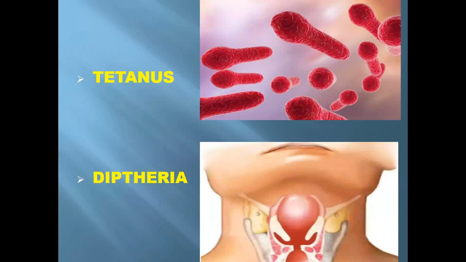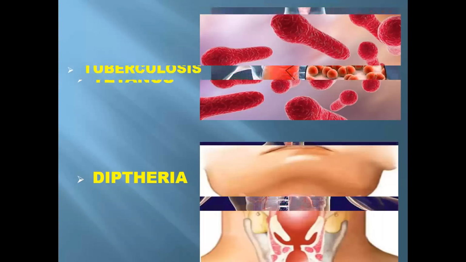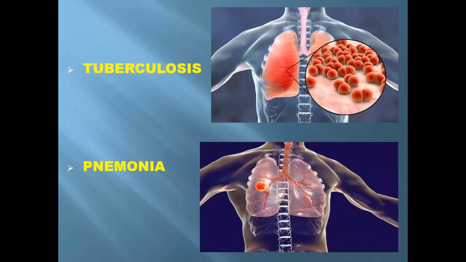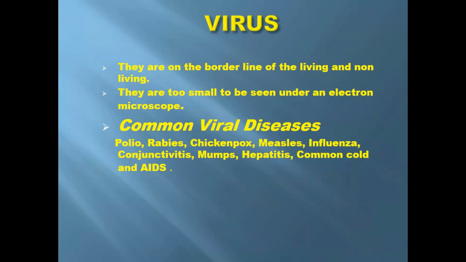Here is the photograph of various diseases so that you can understand properly. First is of tetanus. These are the bacteria of tetanus. Then is diphtheria. Next is of tuberculosis and pneumonia. And then comes virus.